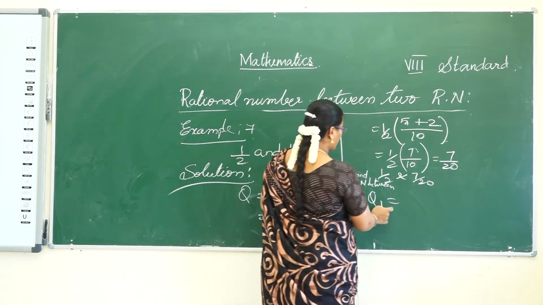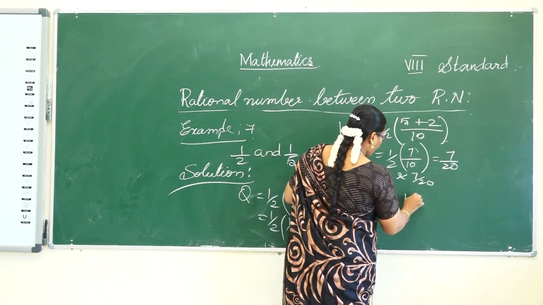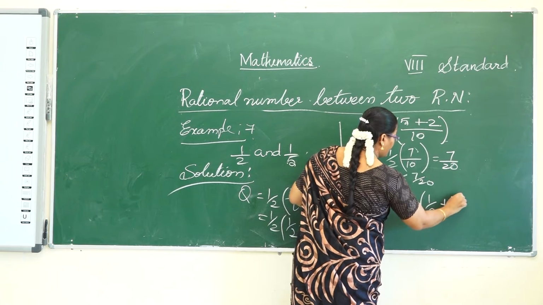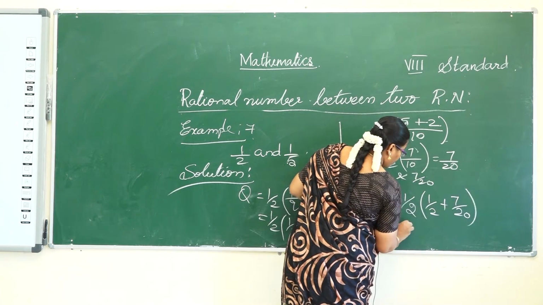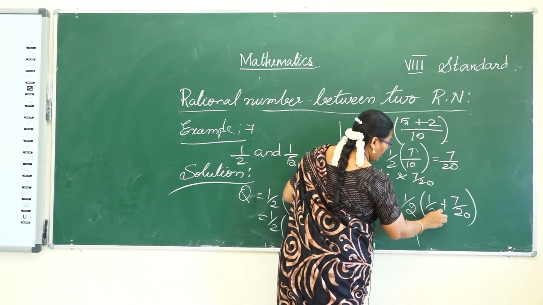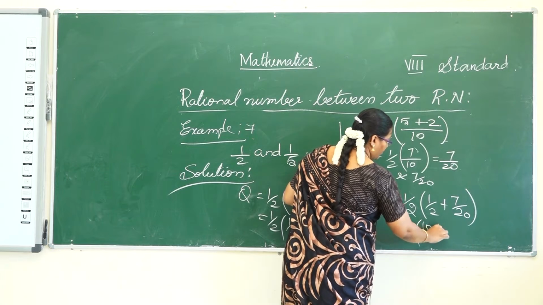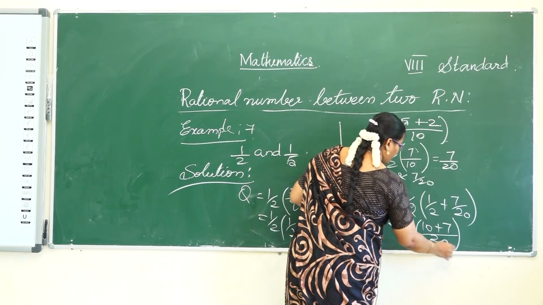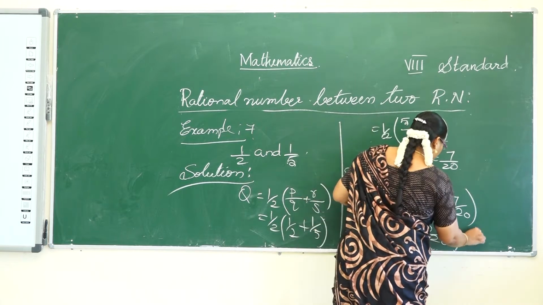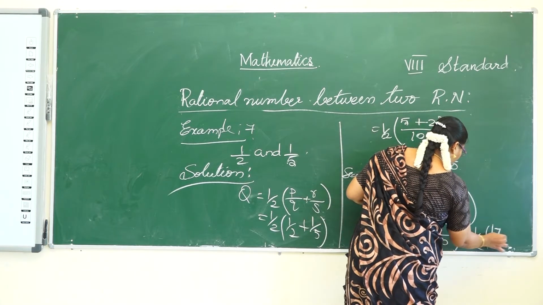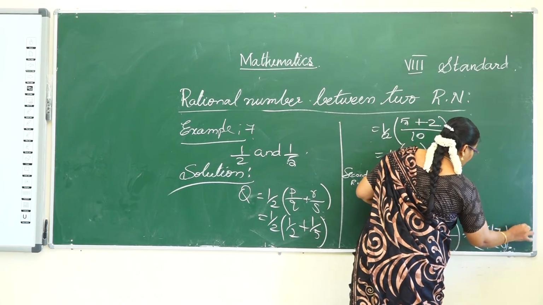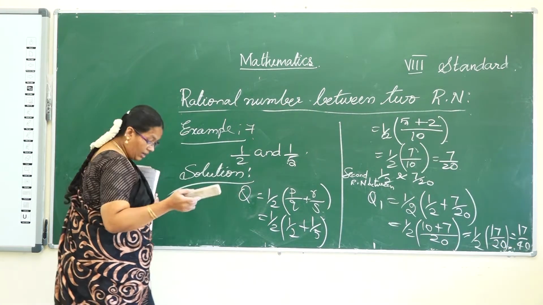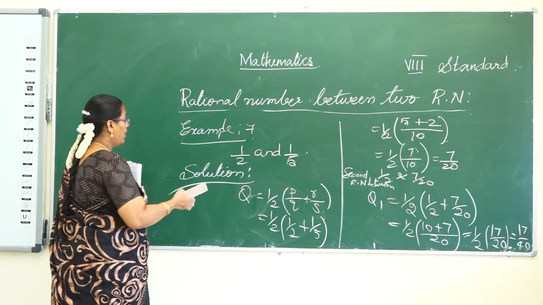So the second one is considered q1, and the formula is half into the first rational number 1 by 2 plus the second rational number 7 by 20. Okay, so 1 by 2, take the LCM, the numerator and denominator multiplied by 10, so 20. So 1 by 2, 17 by 20, so the answer is 17 by 40. So that is the second rational number.